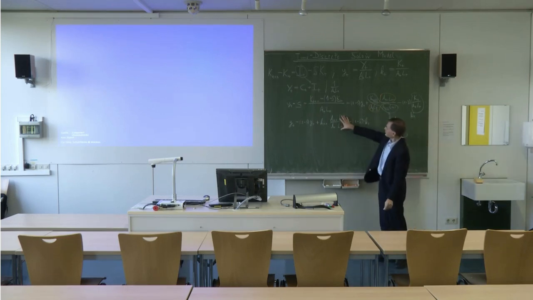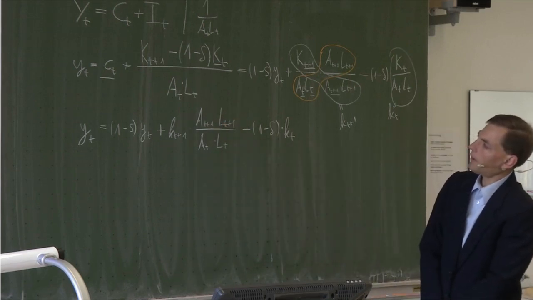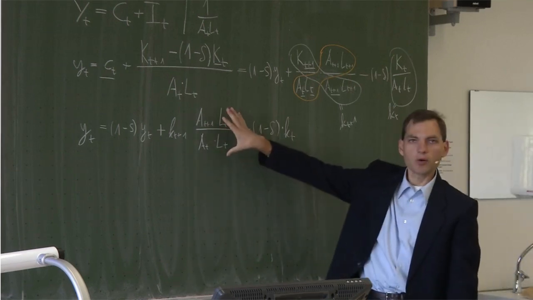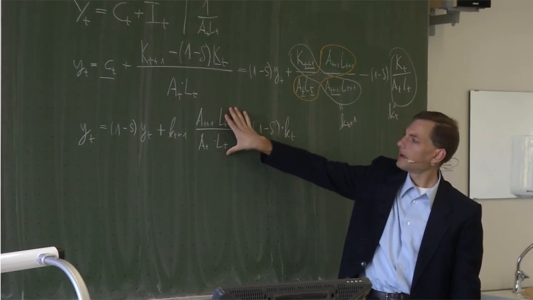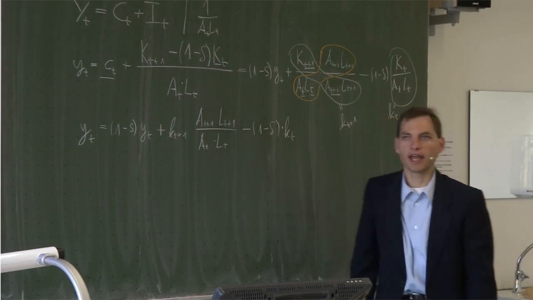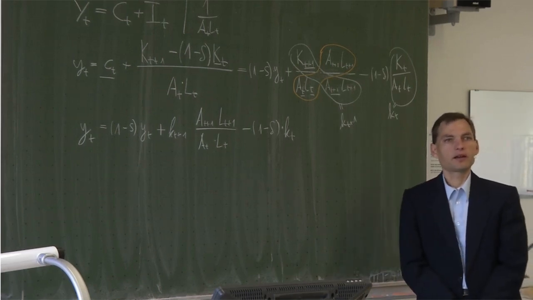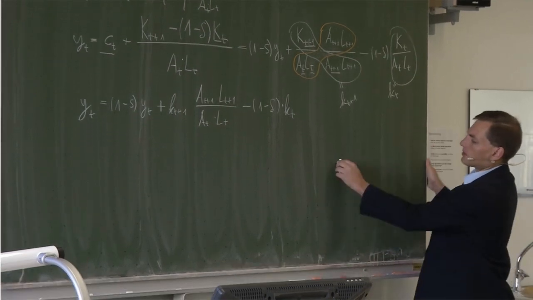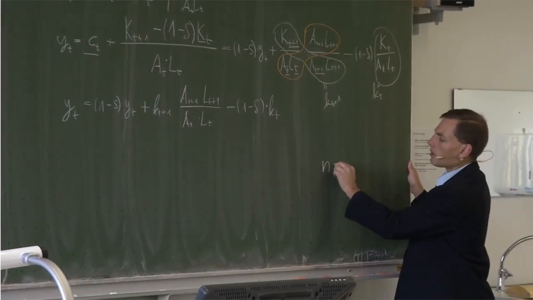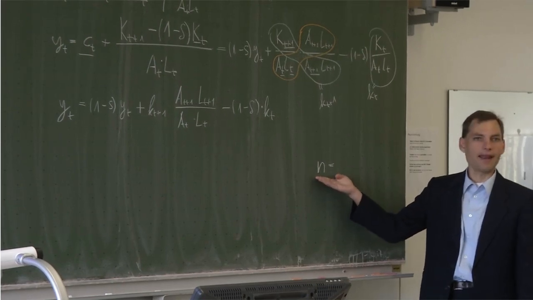So now I have to talk about what this fraction is. Well, it turns out that behind this fraction is a population growth rate and the growth rate of effective labor. So let me remind you, how have we defined the growth rate? Well, the population growth rate in the Solow model, we always used the little n.